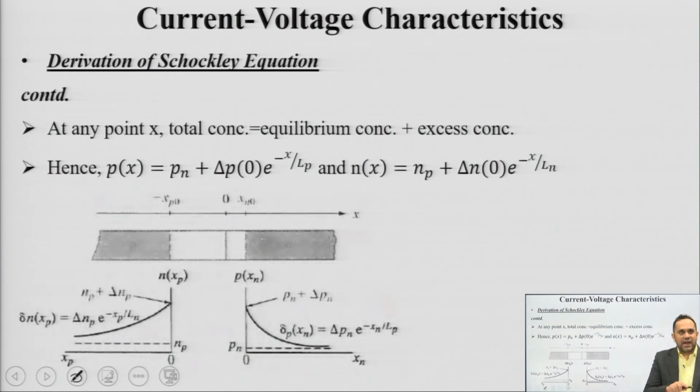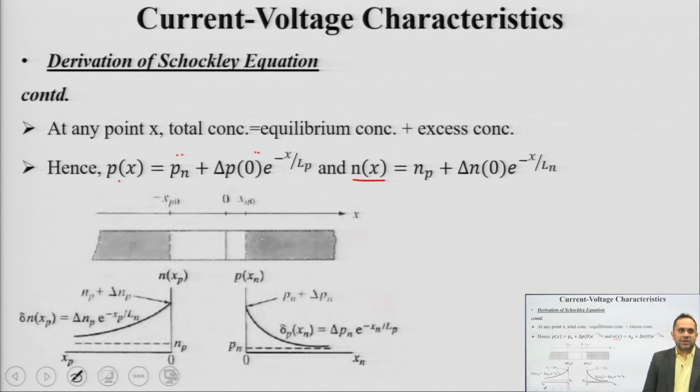At any point x, now I am not talking about xp or xn, I am just saying at any point x, total concentration is equal to equilibrium plus excess. Whatever was present at equilibrium, then you applied bias, you created excess charge carriers. So, equilibrium plus excess is the total concentration with respect to distance.